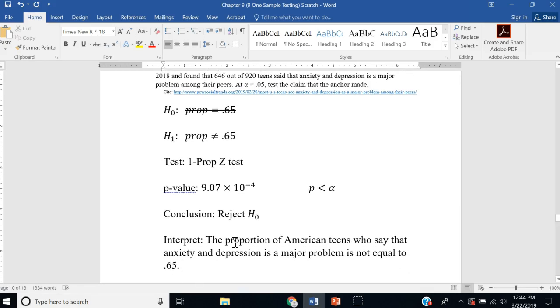That was a long statement, but you get the point. That was a long statement that they had to agree with or disagree with. So the proportion of American teens who say that anxiety and depression is a major problem is not equal to 0.65.